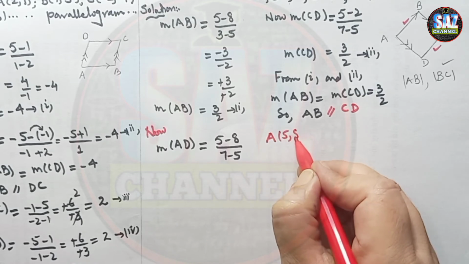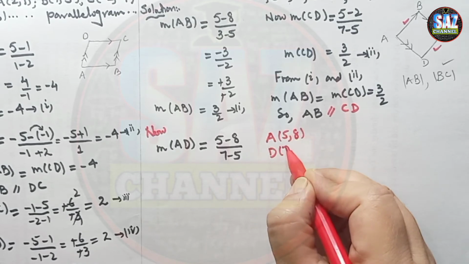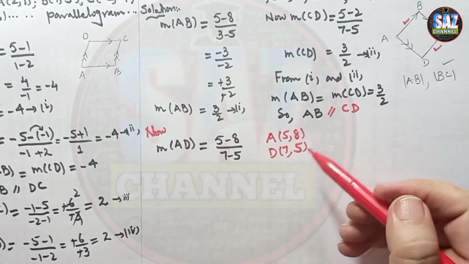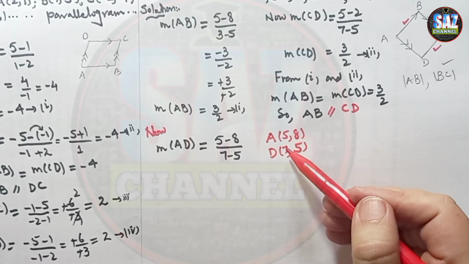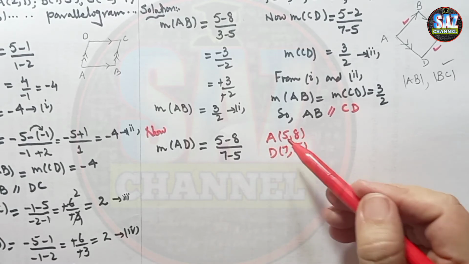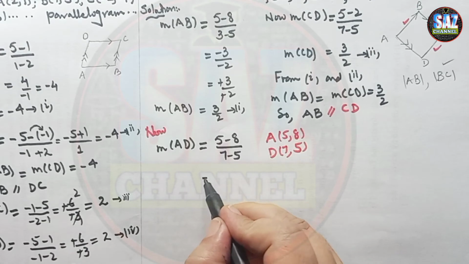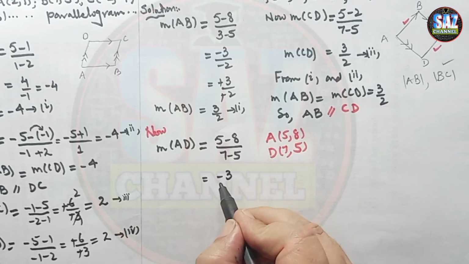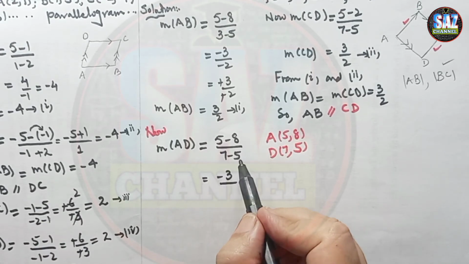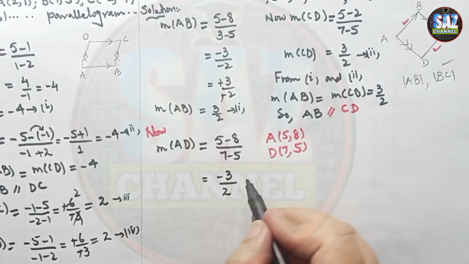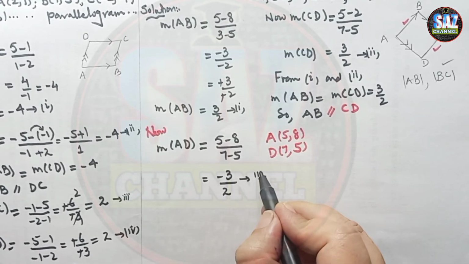A is 5 and 8, and D is 7 and 5. Y2 minus y1 upon x2 minus x1 gives me 5 minus 8, which is minus 3, upon 7 minus 5, which is 2. Let it be 3.